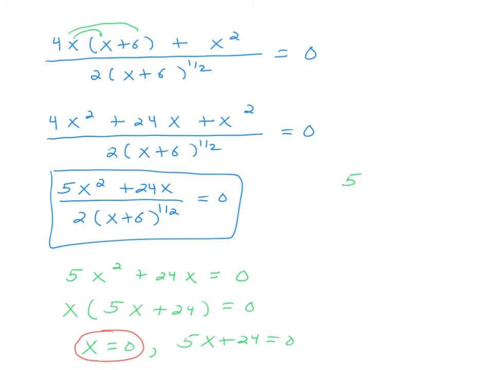But if we also look at this 5x plus 24, you'll subtract 24 from both sides. You'll divide both sides by 5. And this is the other critical value, x equals negative 24 over 5. MyLab asks that when you enter this, you just write both solutions and separate them with a comma, but these are the two solutions for the critical values of the original equation.